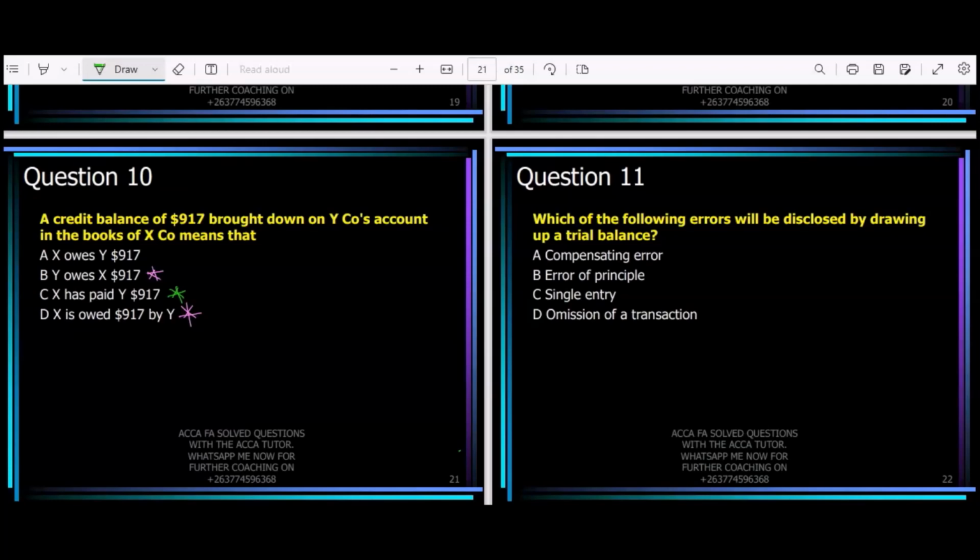Okay, but before I explain further about why A is the answer, let me highlight what B and D mean.